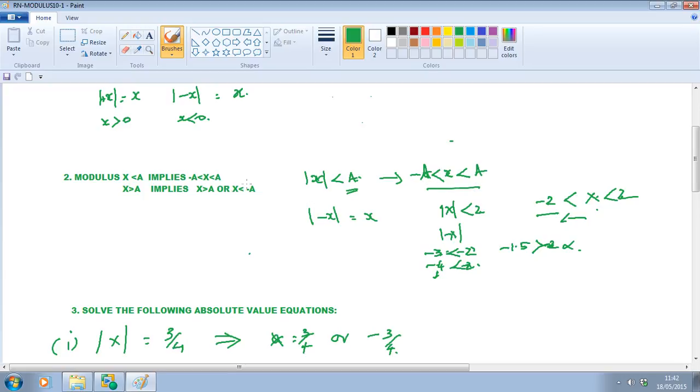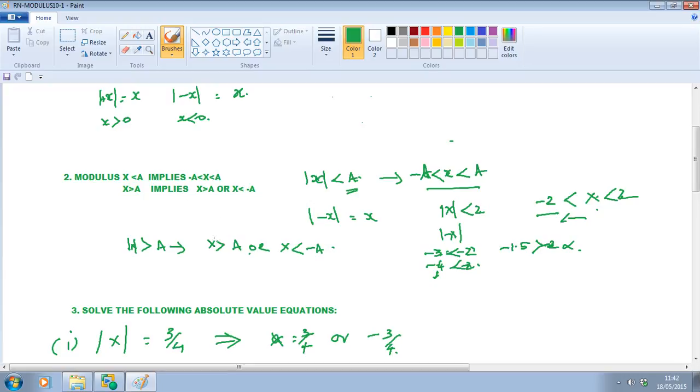What happens when x is greater than a? When modulus x is greater than a, it implies x is greater than a or x is less than minus a. So here it is greater, and here it is less than minus a.